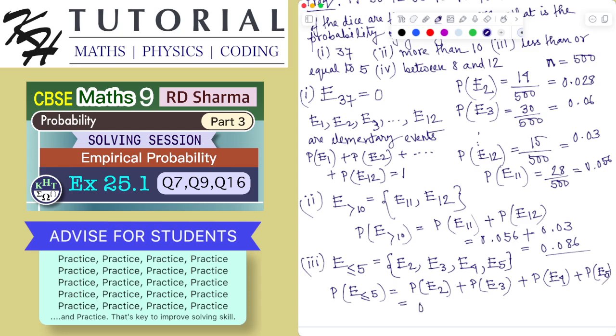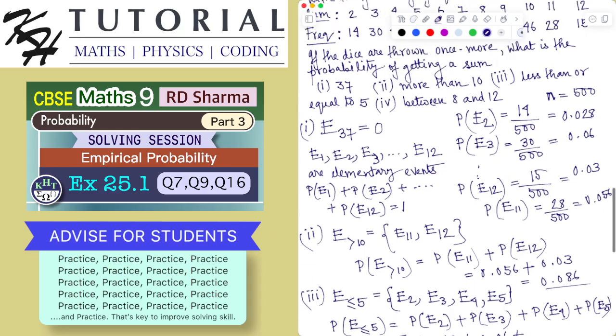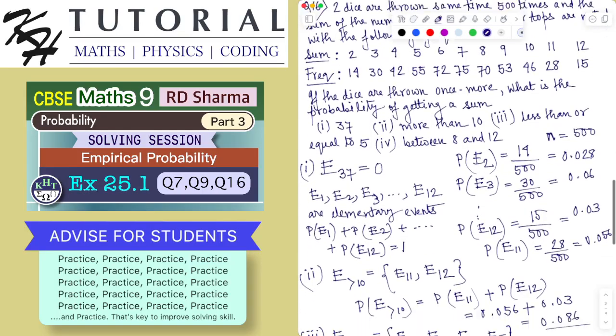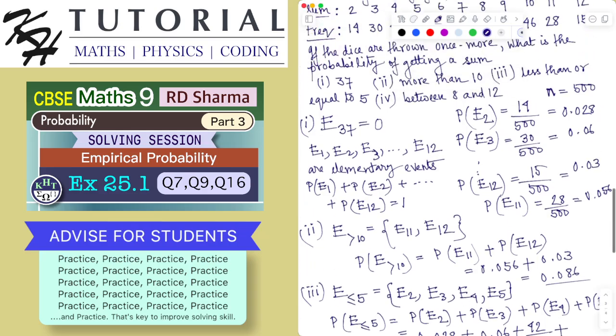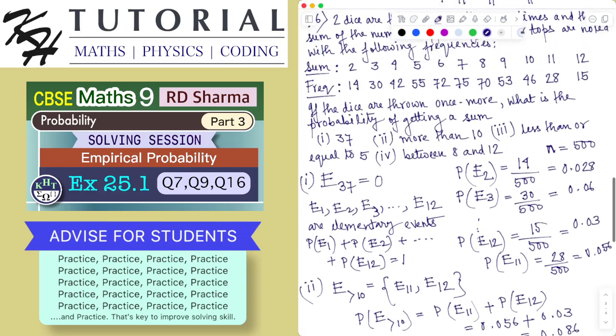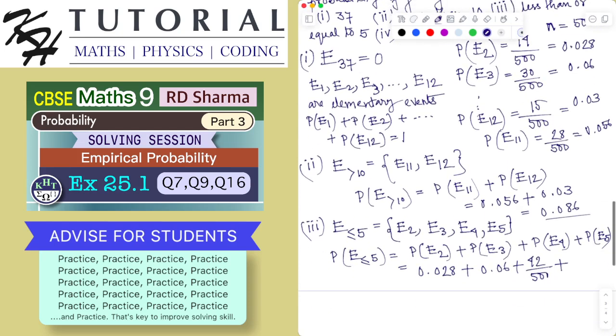It is 0.028. What is probability of event E3? 0.06. What is probability of event E4? The frequency is 42, so 42 divided by 500. What is E5? The frequency of the sum of 5 is 55. So this will be 55 divided by 500.